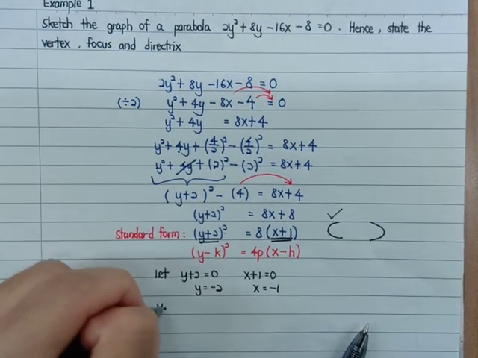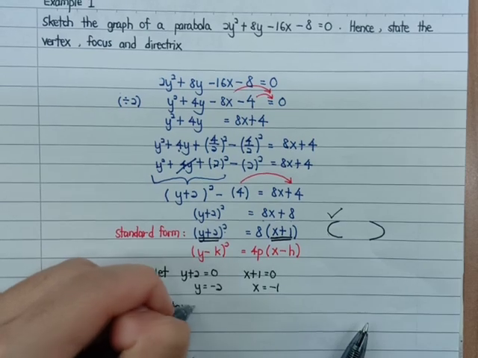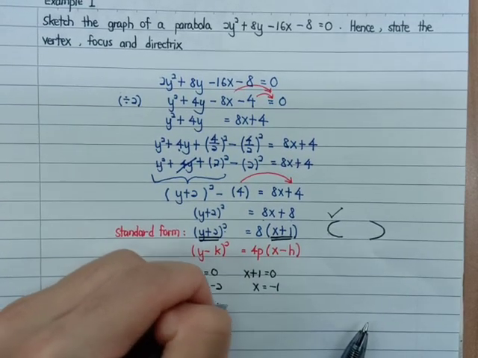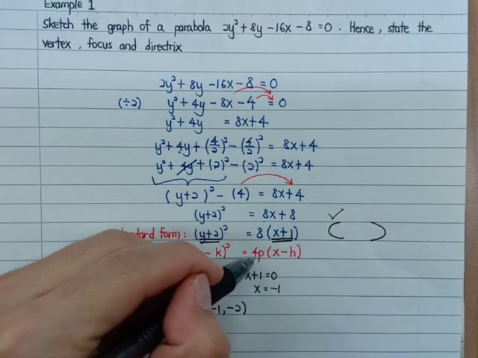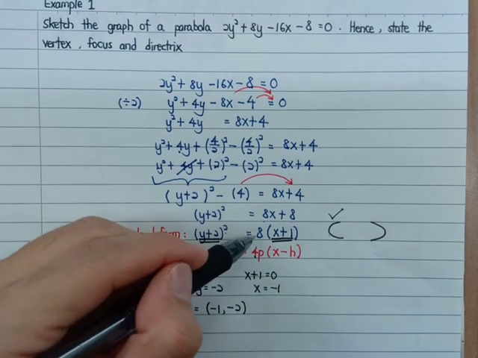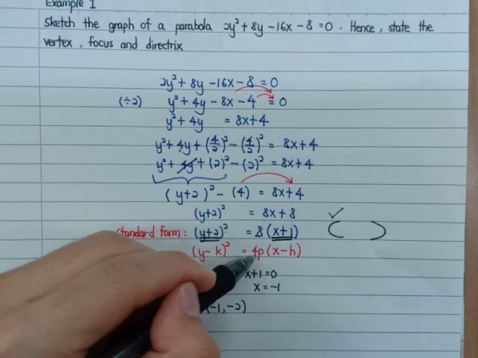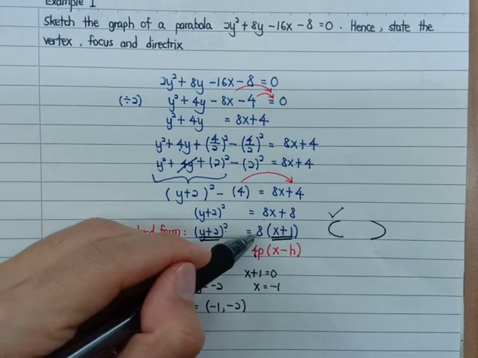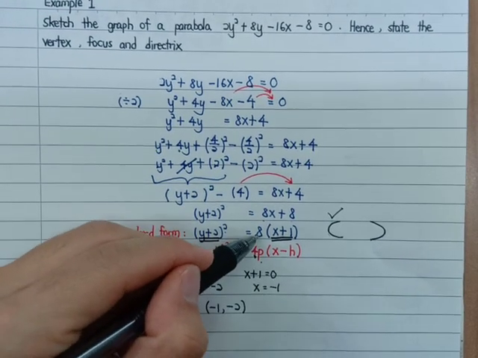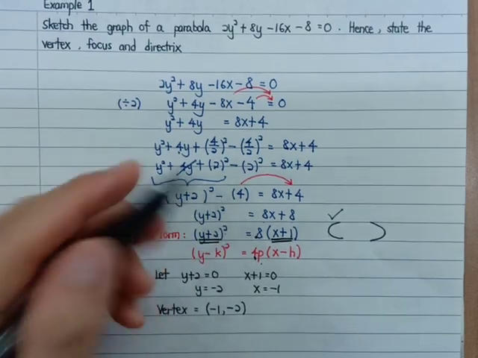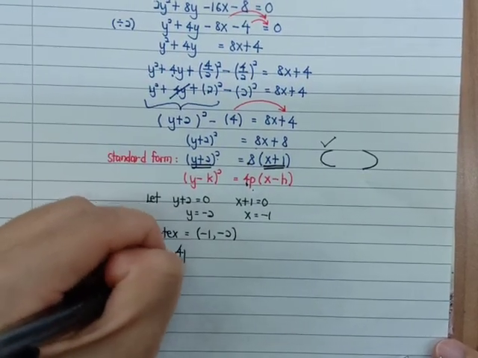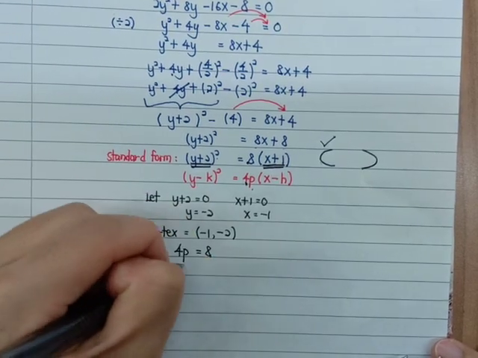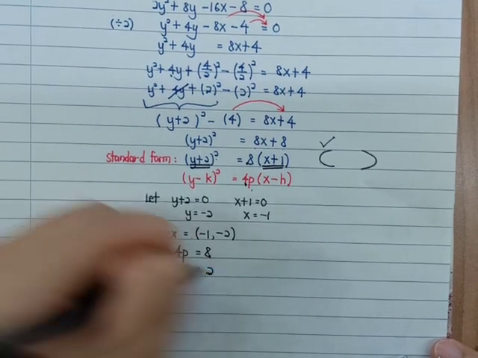So my vertex will be negative 1 and negative 2. By comparing with the standard form, 4p will be equal to 8. Not p equals to 8, but 4p equals to 8, so p will be equal to 2.